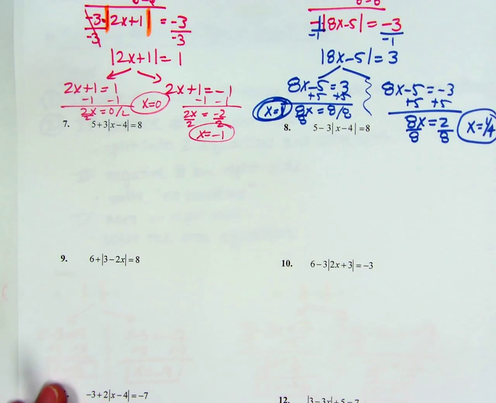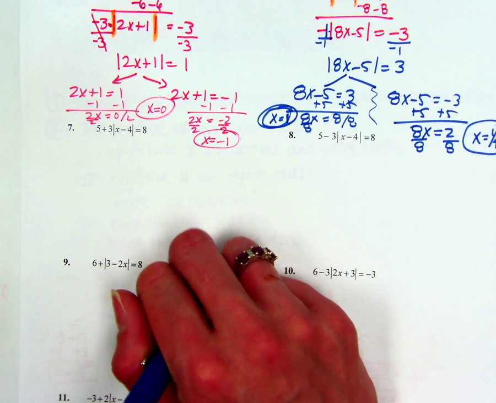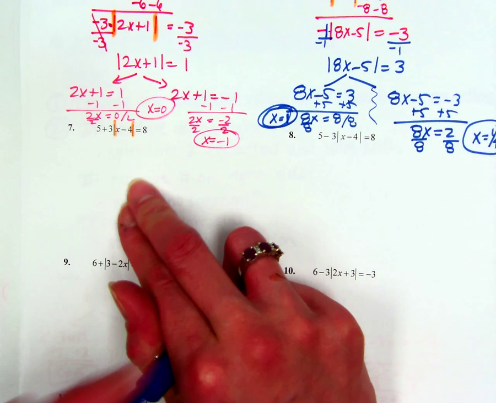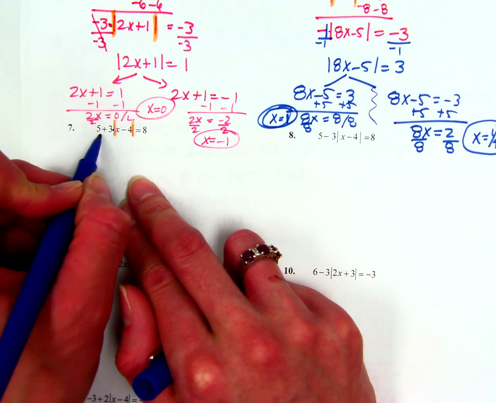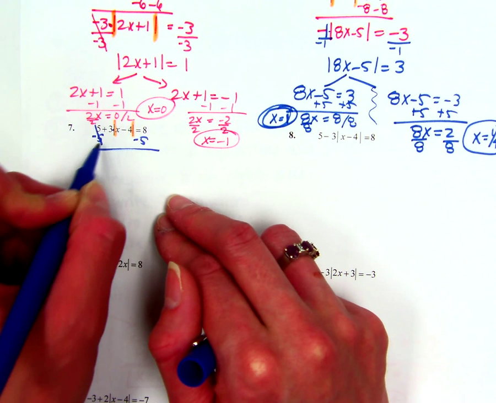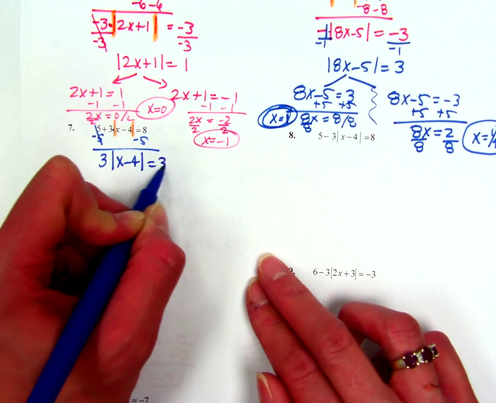All right, so number 7, absolute value is not isolated. But don't add 5 and 3 together, because 3 is being multiplied, and here you're adding. So first you want to undo the 5. So now you still have a 3 times the absolute value of x minus 4 equals 3.